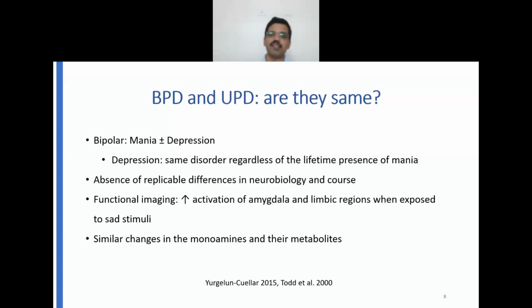Now coming to the changes in the monoamines and their metabolites, and their changes to different challenge tests, the findings are also replicable across the two constructs. So if we look at the neurobiology, the two entities appear the same, the extreme ends of the same continuum only.